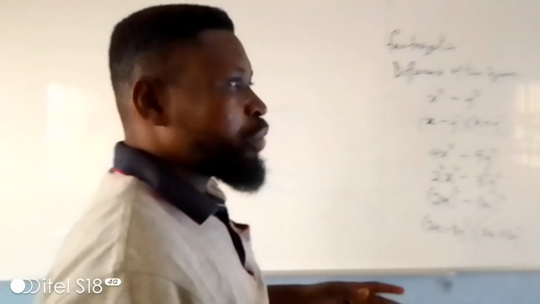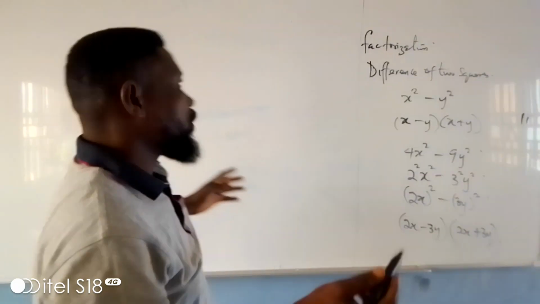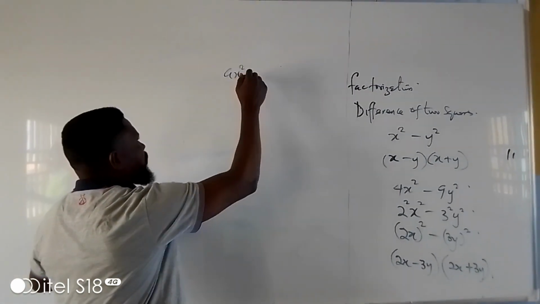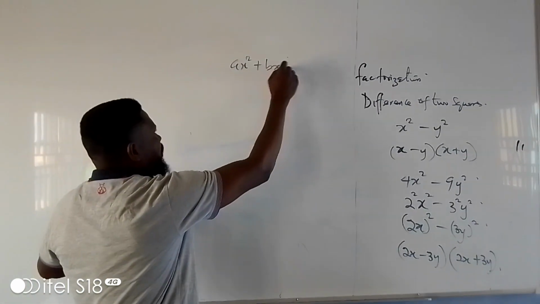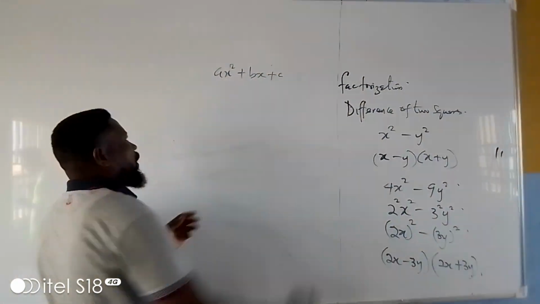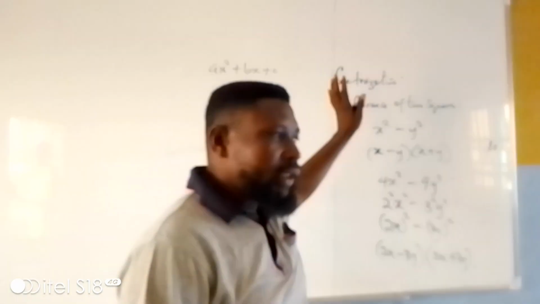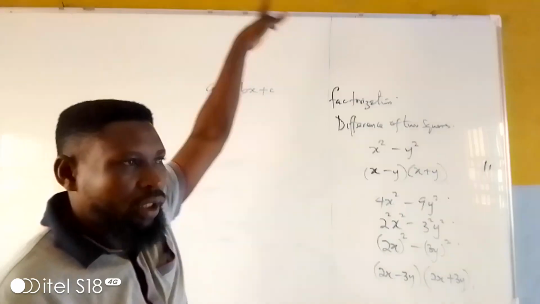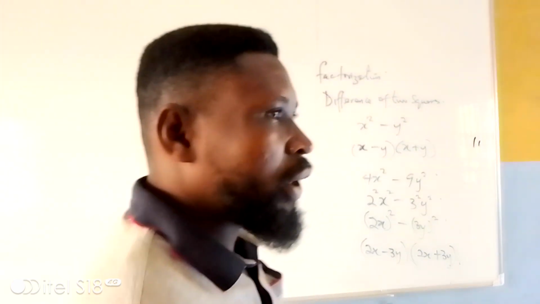An expression is said to be in quadratic form when it is of the form ax squared plus bx plus c equals 0. Whenever you have this expression, it is said to be in quadratic form.